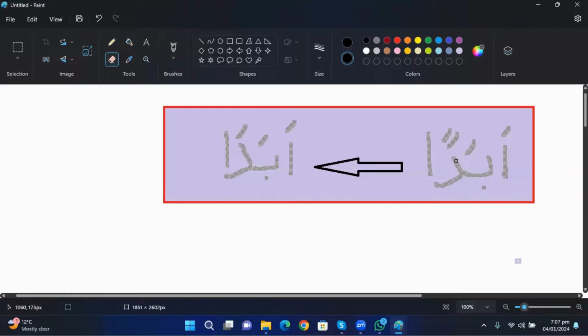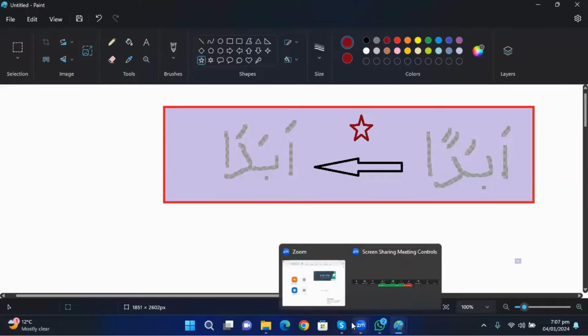You can tell your student that in stop condition, one fatha will drop and one is readable with the help of alif. So it will become abada. Okay, abada. In the same way you can write other letters as well and tell them how they will do stop over these kinds of words.